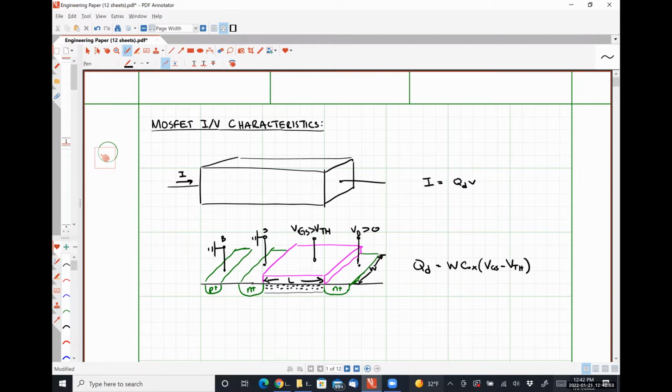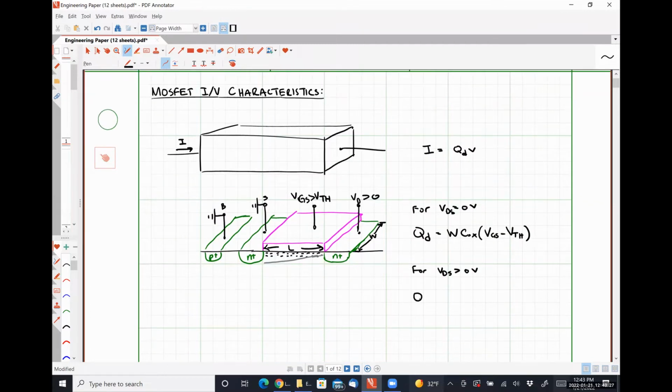And so what we'll have is a position-dependent distribution. So this guy right here is for VDS equal to 0 volts. For VDS greater than 0 volts, what we get is something like this.